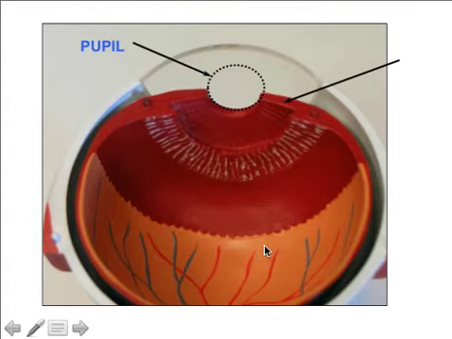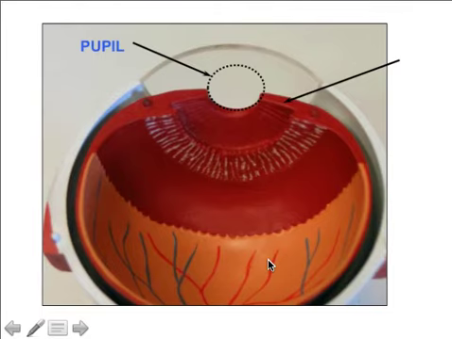The first being the cornea, the next being the aqueous humor, which is a liquid that lies between the lens and the cornea, and then the vitreous humor, which lies behind the lens and goes all the way back to the retina.